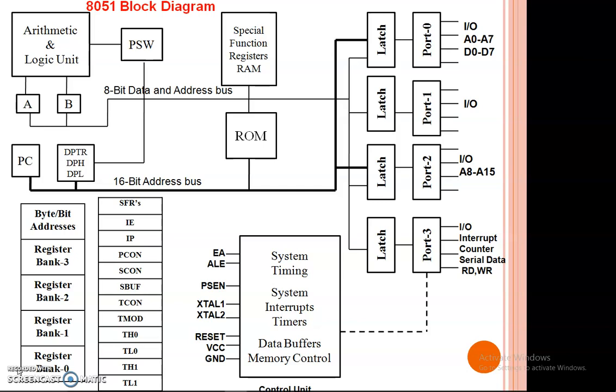Students, now we will see the special function registers. Once again, I am telling you special function registers and general purpose registers are part of internal RAM. I will give a brief idea about each and every special function register.